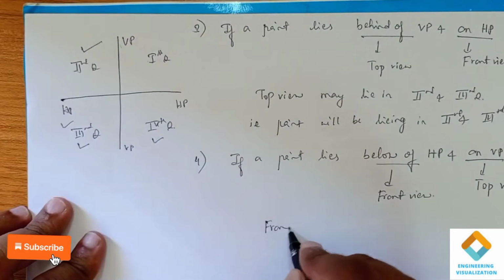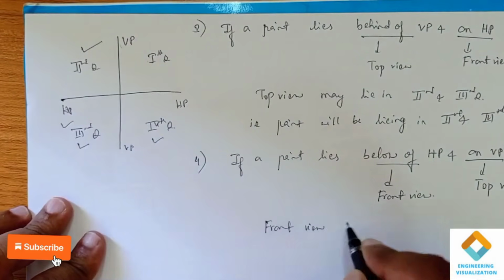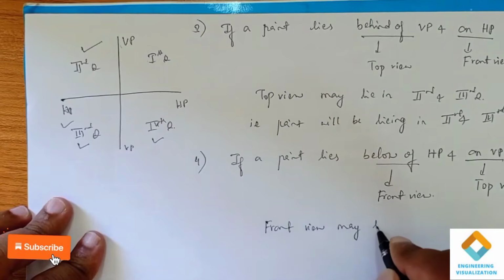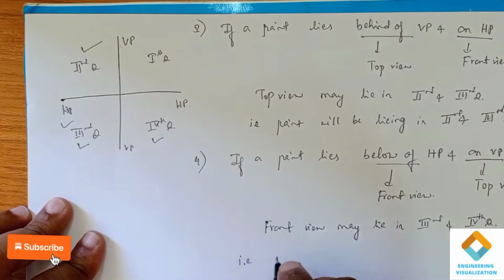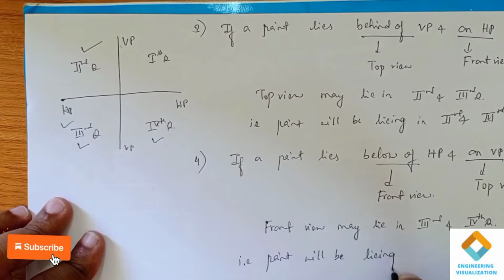So we can write front view may lie in third and fourth quadrant. It is, the point will be lying in third and fourth quadrant.